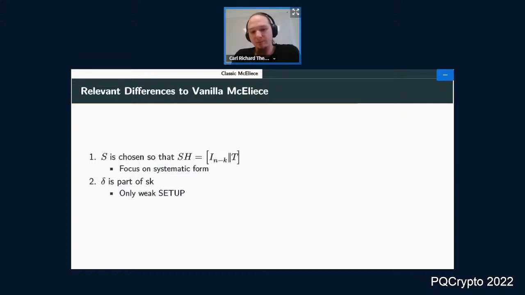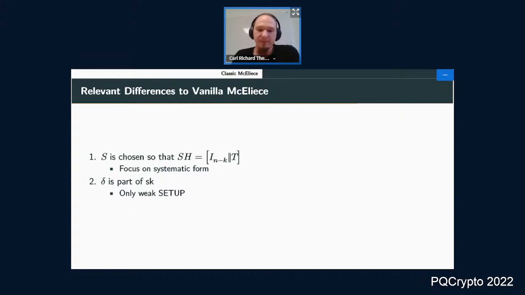So only weak setups are possible, where the owner of the legitimate secret key can actually detect this backdoor. In the submission, this was motivated because they want to allow for key truncations, where you trade off storage space for recomputation time, because in the end you only need that delta to regenerate the full private key and to decrypt messages.